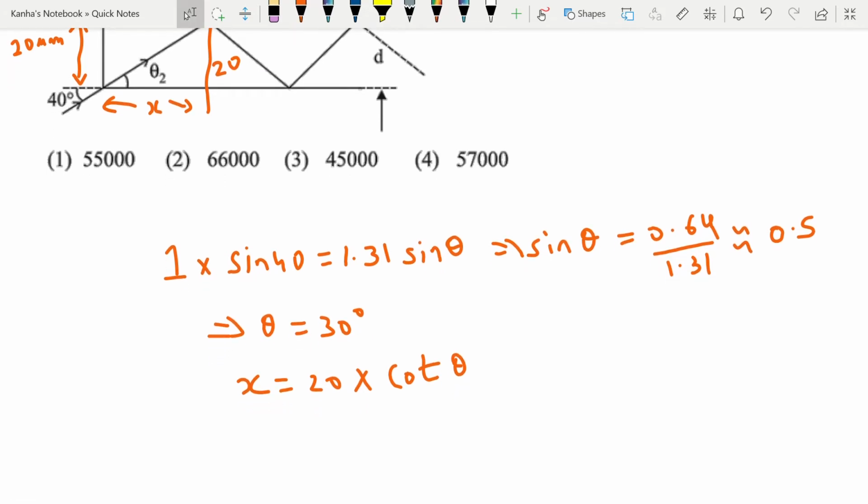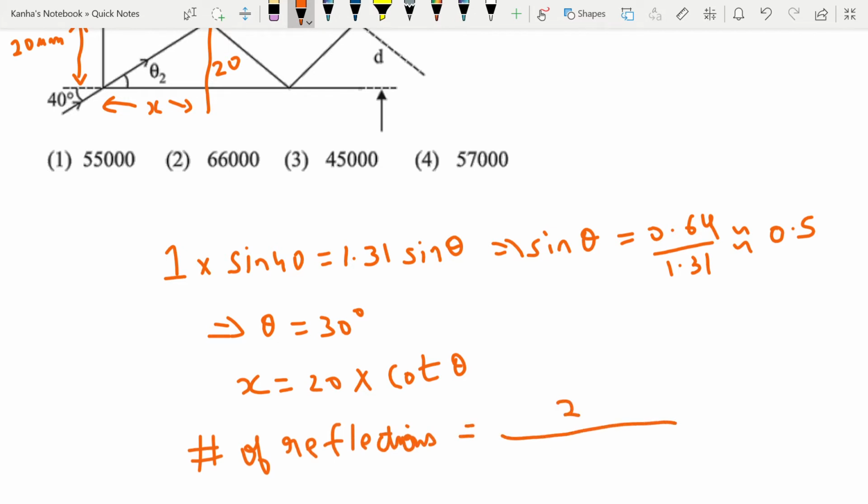Now in order to find the number of reflections, it is nothing but the length, 2 meter, divided by x, which is 20, into cot theta.